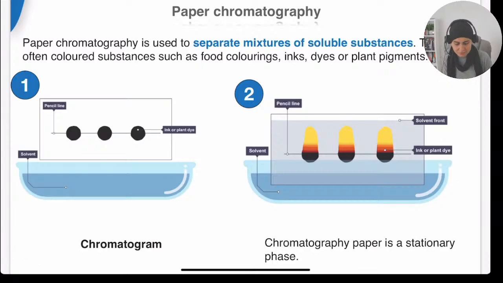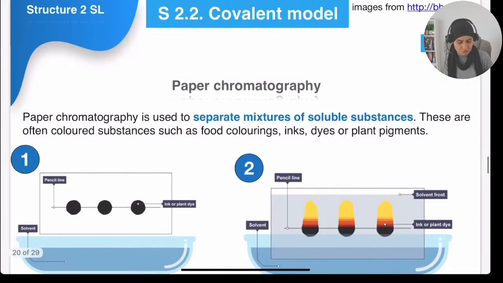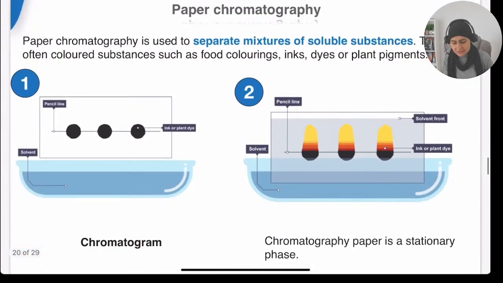So, paper chromatography, structure 2.2.10, is used to separate mixtures of soluble substances. You take a chromatography paper, draw a pencil line as your baseline, place your mixture of dyes, for example, ink or plant dyes, on the baseline.